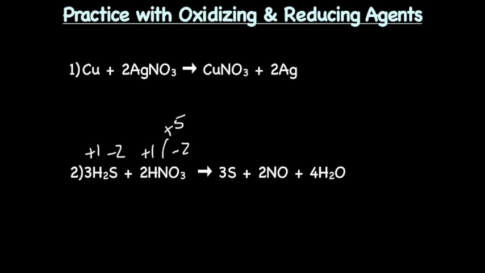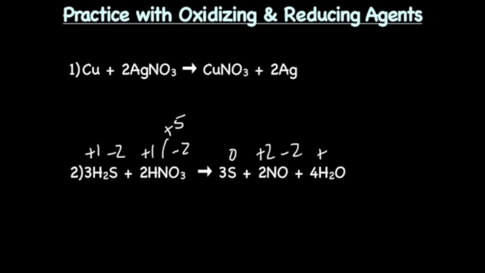On the other side, we have sulfur, which is a lone atom, so it's going to be a 0. We have oxygen, which is -2, and it's connected to a nitrogen, and the sum of the oxidation numbers needs to equal 0, which means the nitrogen must be +2.